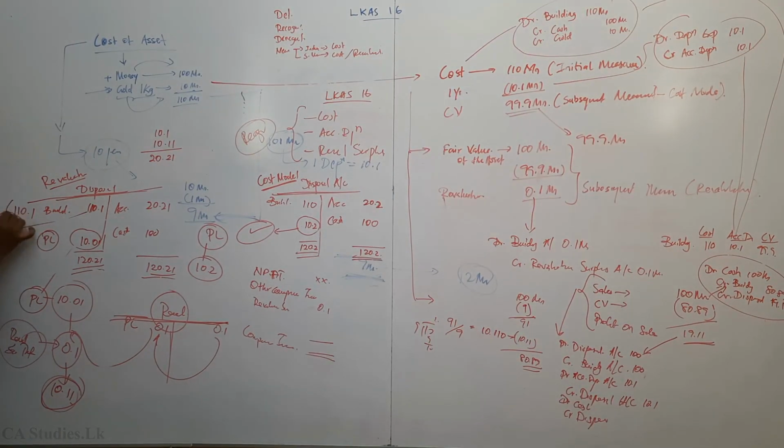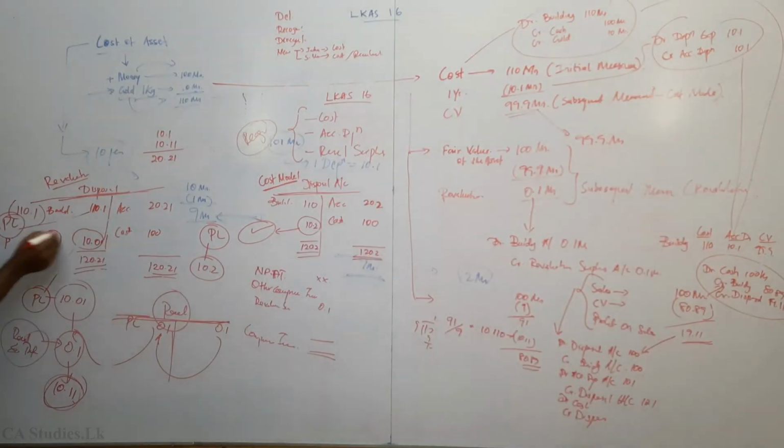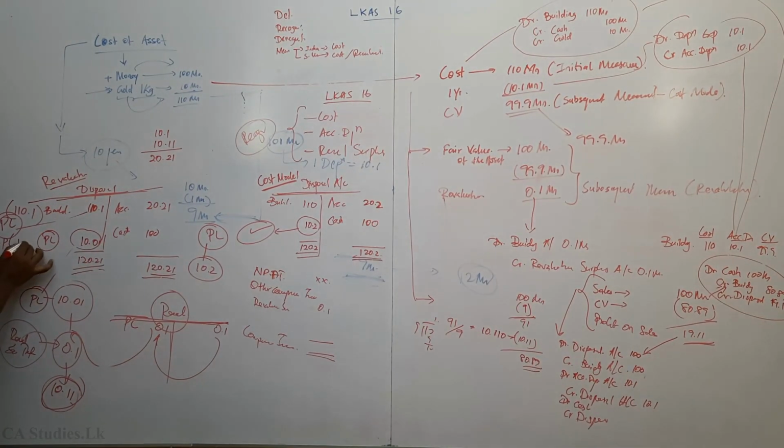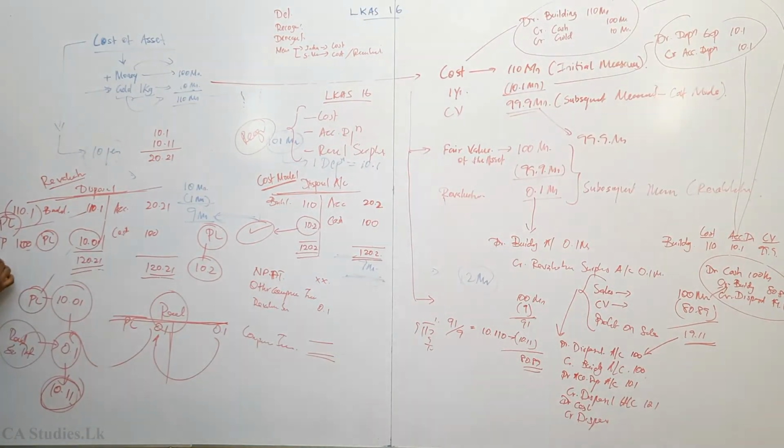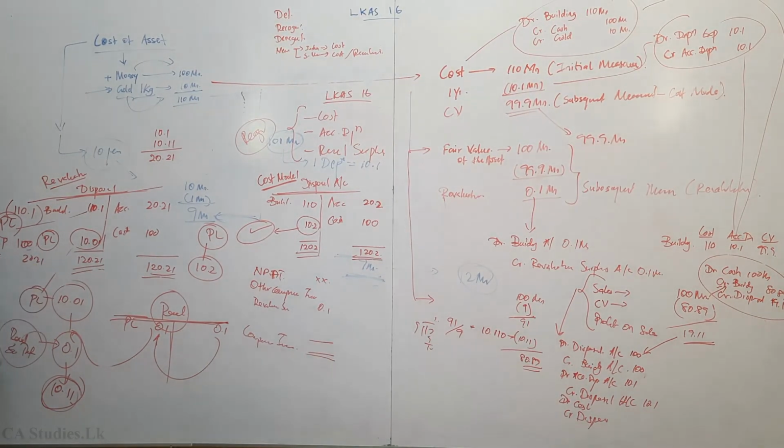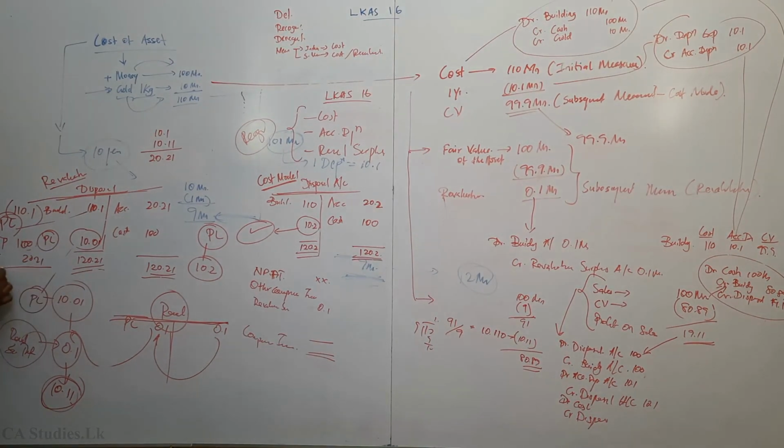We credit cash 100 million. Then accumulated depreciation credit, plus 20.21 million. Now the P&L balance will be net balance: minus 110 plus 100 plus 20.21, net balance 10.1. Make a logic.